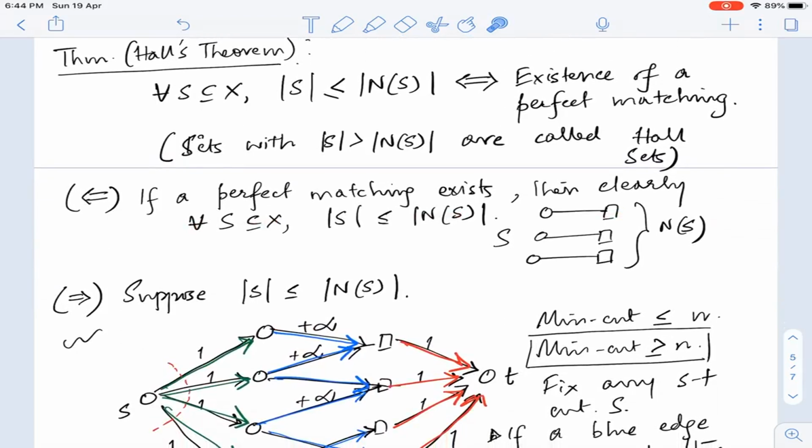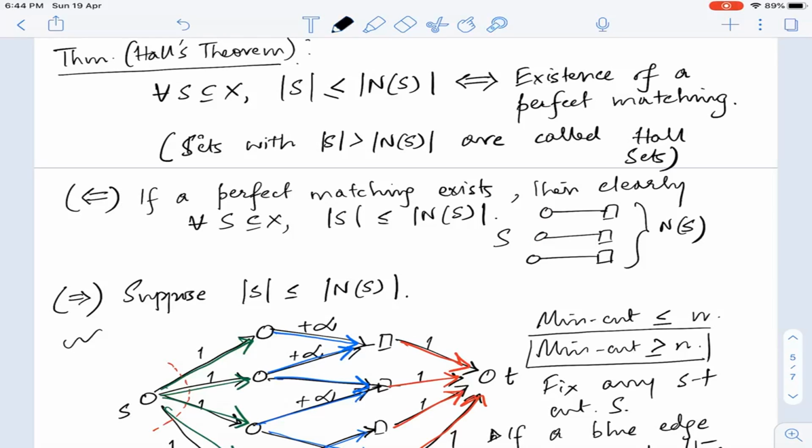If I give you a perfect matching, then it's very easy to convince me that for any subset S of X, this has to be true. You pick your set S, and since there exists a perfect matching, this set S has to match with some vertices of Y, and the size of this neighborhood set is clearly at least as much as the size of S.